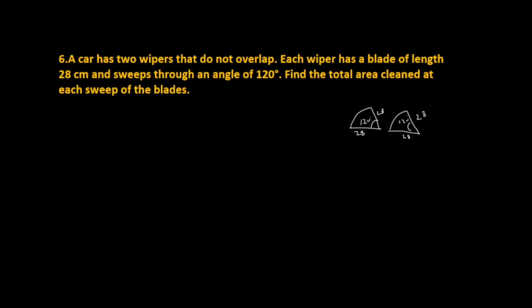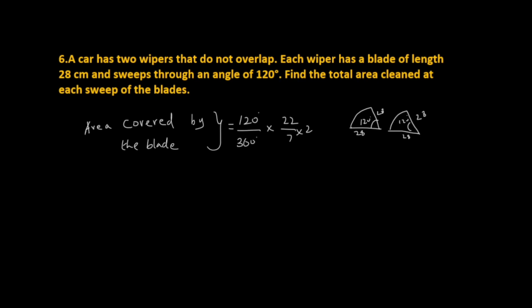So area cleaned by the blade, that angle, and that is in the shape of a sector. So 120 by 360 into 22 by 7, pi r square, 28 into 28.